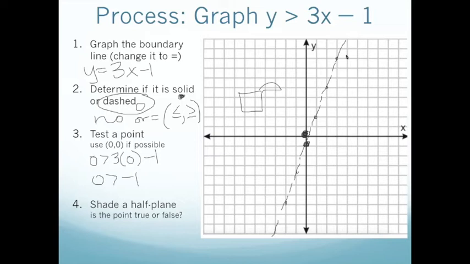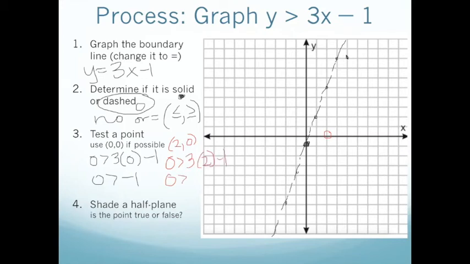I want to show you what would happen if instead of getting a true inequality, I get a false inequality. So instead of testing 0, 0, let's try testing a number on the other side. Let's try testing 2, 0. If we test 2, 0, y is 0, and we want to know if that's greater than 3 times 2 minus 1.